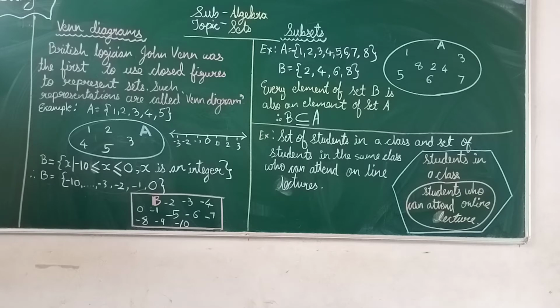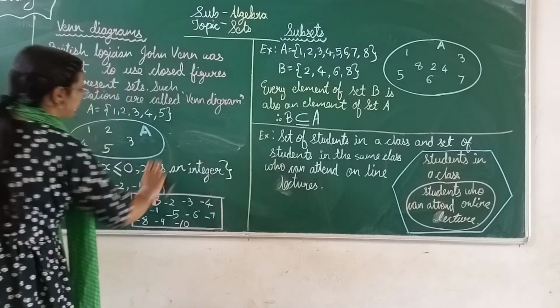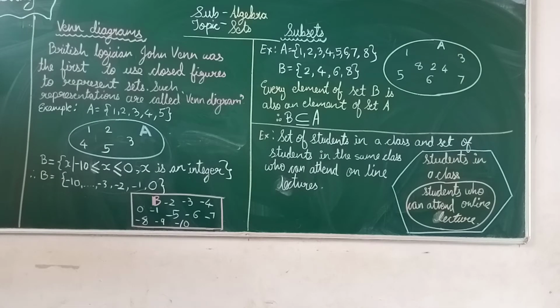Now I have done the Venn diagram presentation here below. You can see that for presenting I have used a rectangle. For a Venn diagram presentation you can use any closed figure, so I have used a rectangle here.